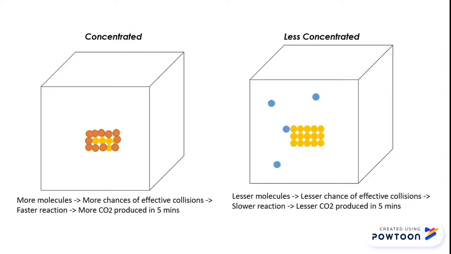In a less concentrated solution of vinegar, there is a smaller number of reactant particles per unit volume, so there is a lower frequency of collisions between reactant particles, and there is a lower frequency of effective collisions. So there will be a slower reaction and less carbon dioxide is produced in 5 minutes.